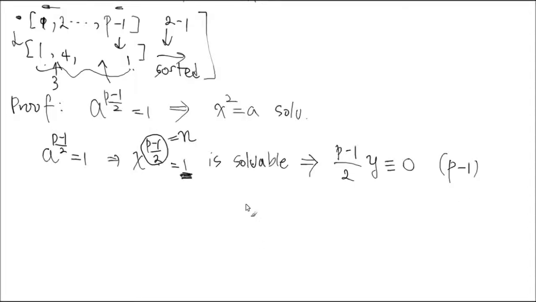So what is the next part we do? To solve this one, GCD of this coefficient and the modulus, right? What is the GCD of these two things? P minus 1 over 2 completely divides p minus 1, right? So GCD is p minus 1 over 2. So we're going to divide everything, this number and that number and that number, by the GCD.